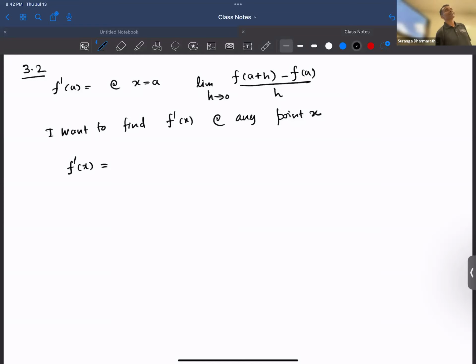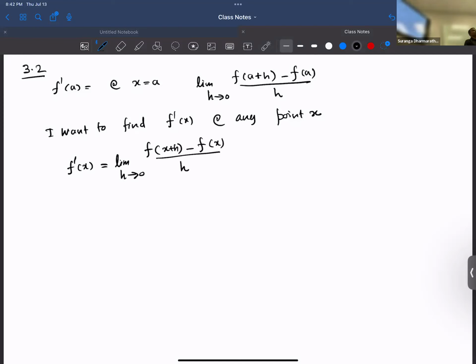Yes, that's it. Very good. You put the limit as h goes to 0. Instead of a, you write x: f of x plus h minus f of x, divided by h.